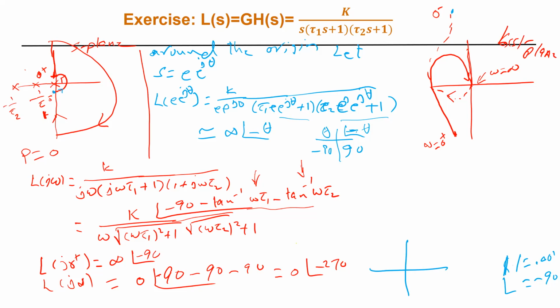Well, it is in the fourth quadrant. It's in here. Very small magnitude, rho, an angle of minus 90. This is 0, this is minus 90. Yes. So this is the point.